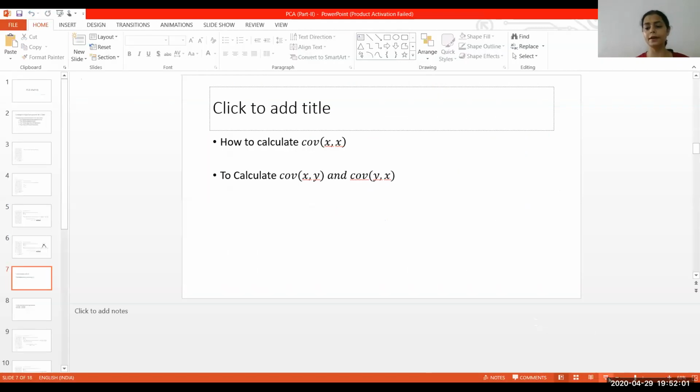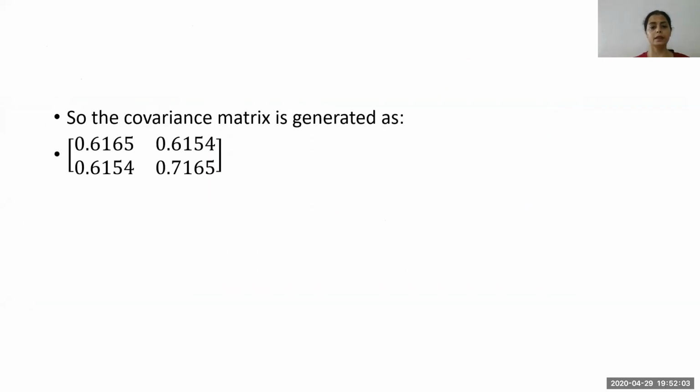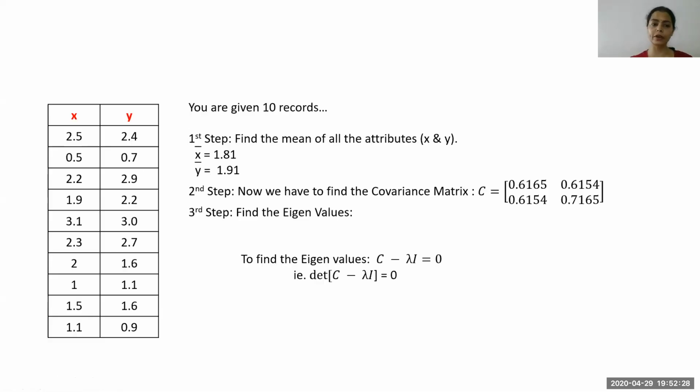From here, we have to see how the covariance matrix has turned out. We can clearly see this is covariance of x comma x, this is covariance of y comma y, and 0.6154 is the value that gets repeated for covariance of x comma y and y comma x. Now this value is the same. So we have generated the covariance matrix.